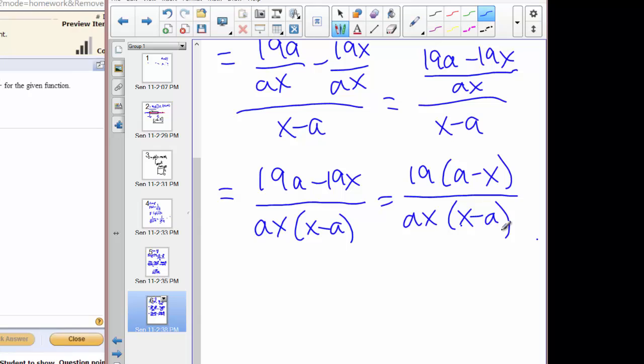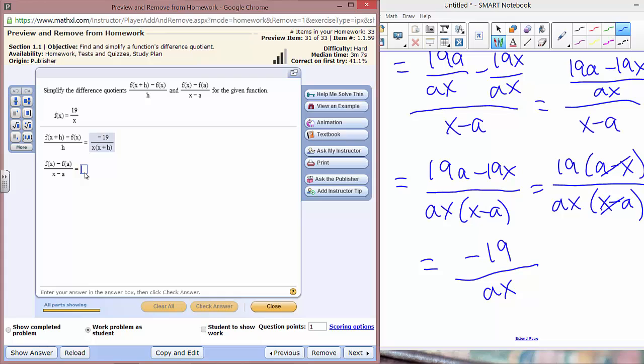And you'll notice we have an a minus x and an x minus a, which are opposites of each other. So we can cancel that out and include a negative 1. So it looks like we have negative 19 over ax. Again, we have a fraction. Negative 19 over ax. So let's check.